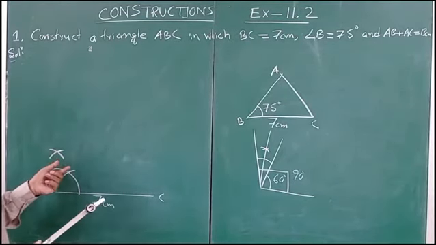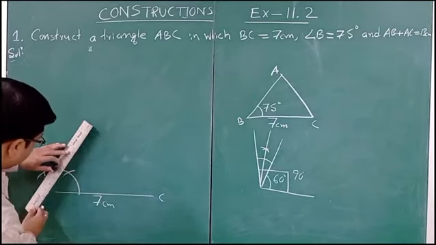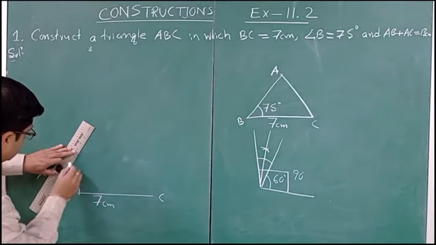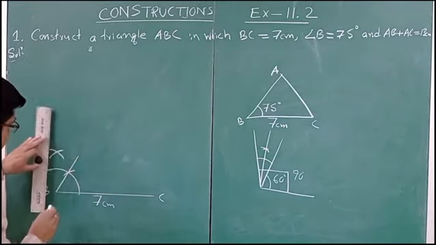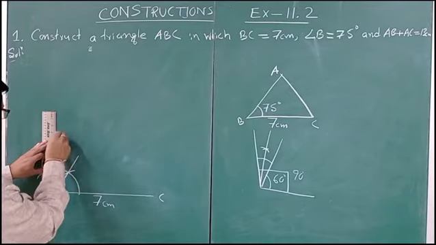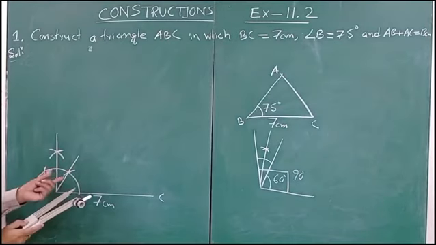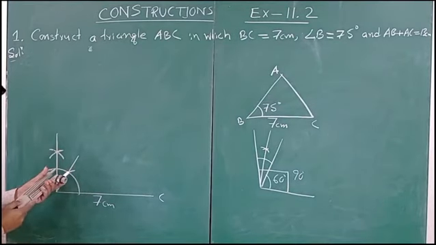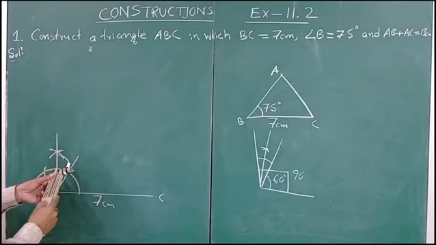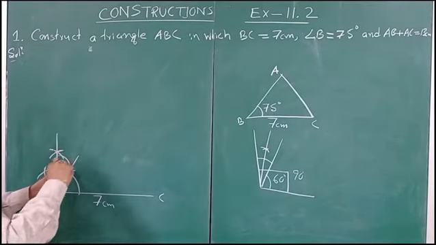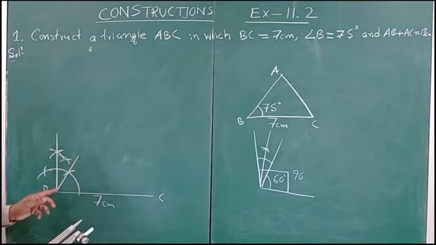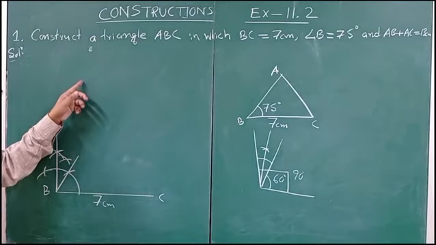We shall bisect the angle between 90 degrees and 60 degrees. Now we shall bisect the angle between this 90 degrees and 60 degrees.